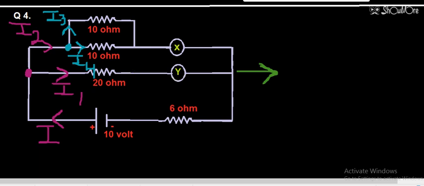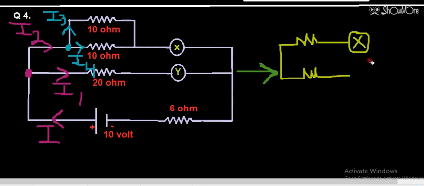Firstly, we have to combine these two resistances which are of 10 ohm and 10 ohm, because they are in parallel combination. So these two resistances of 10 ohm will give me 5 ohm resistance. You can do that step at your end. Now we have the device, that is X. This is the X device, and this is another resistance of 20.